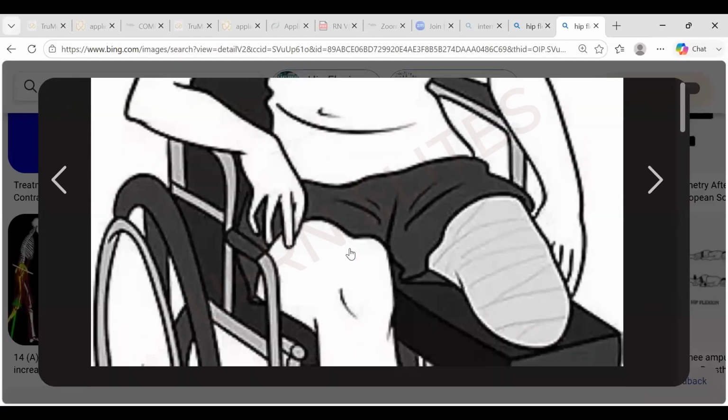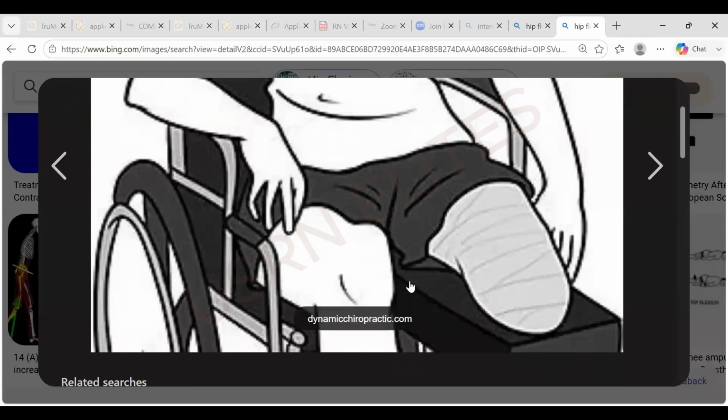How can you see this? You can see that the person is sitting on a wheelchair, and as you can see, the stump is in extension position.